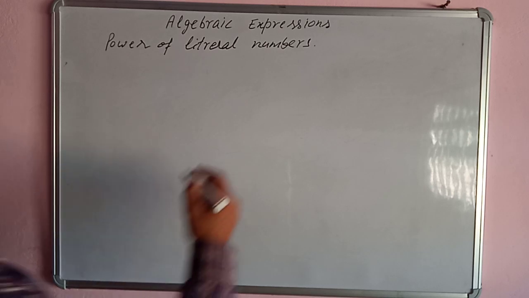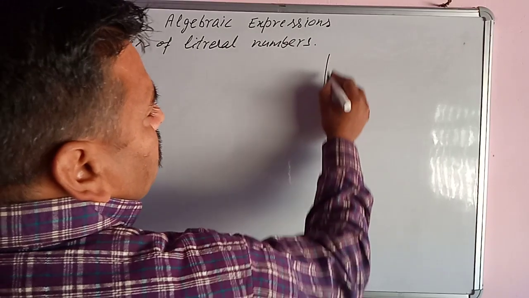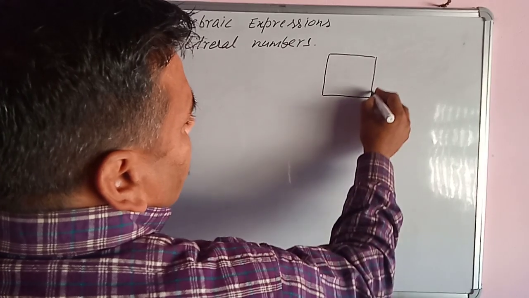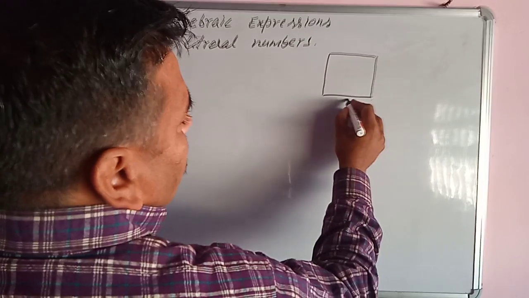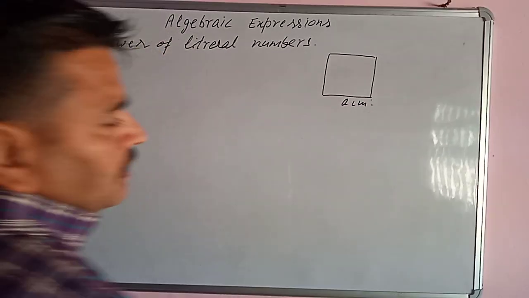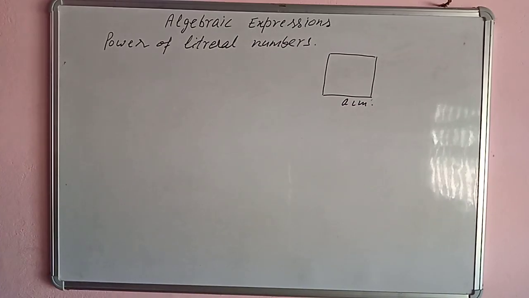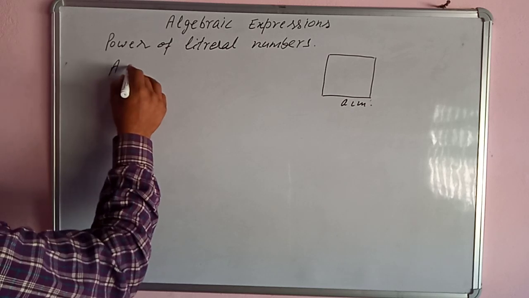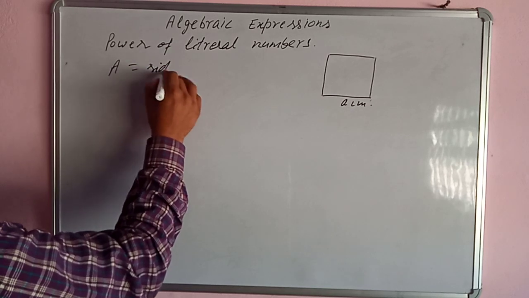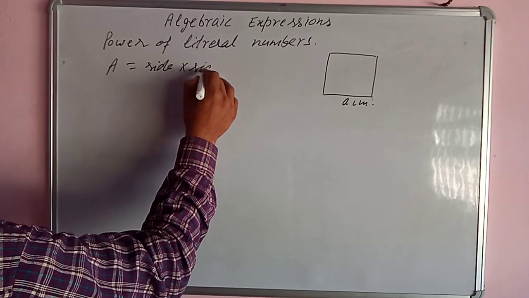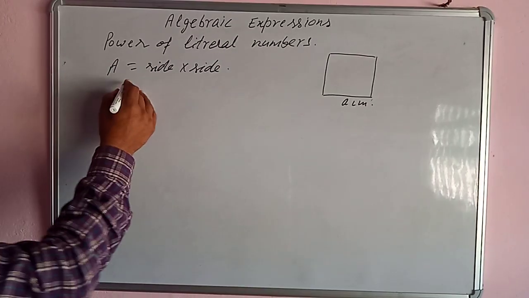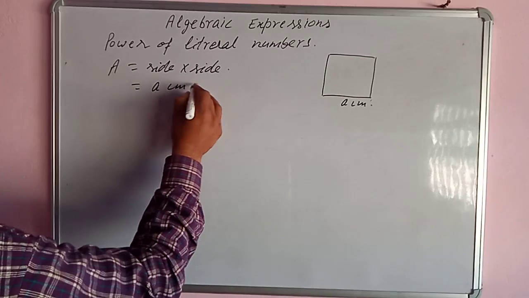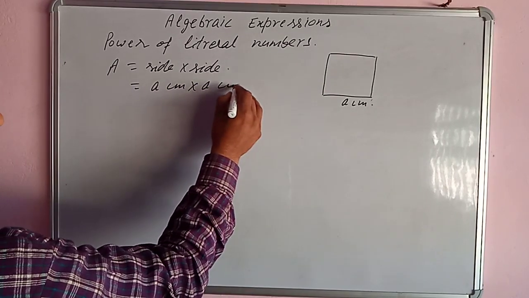Suppose we have a square and the side of the square is a centimeter. If we find the area of the square, then what is the area? The area of a square is side multiplied by side. What is the side here? That is a centimeter multiplied by a centimeter.